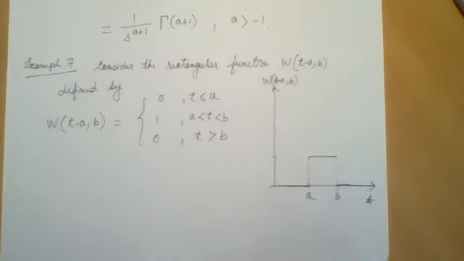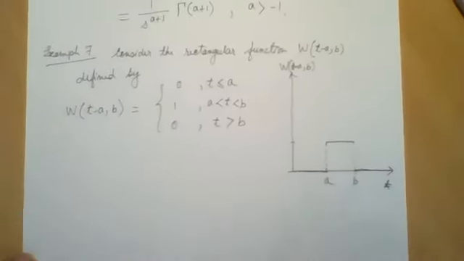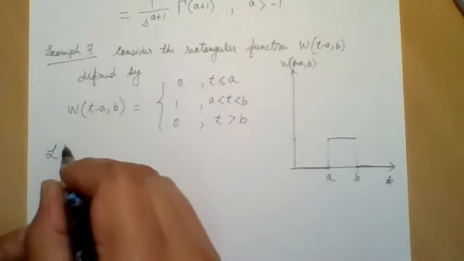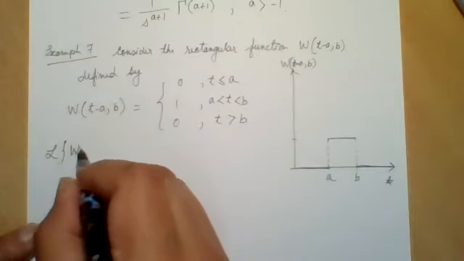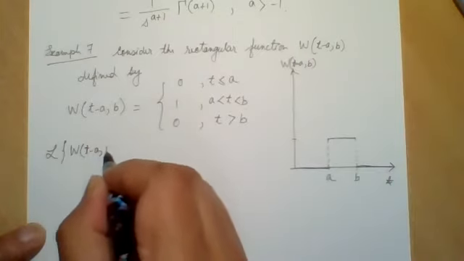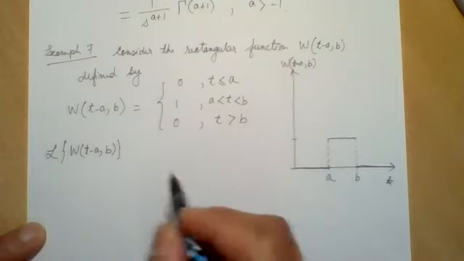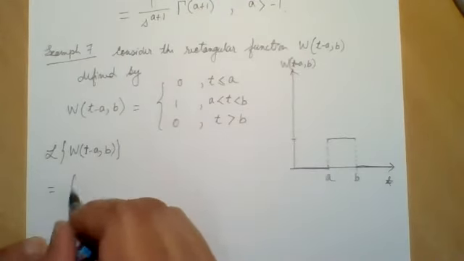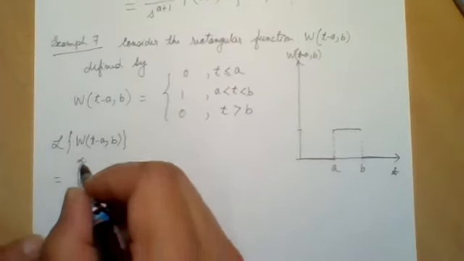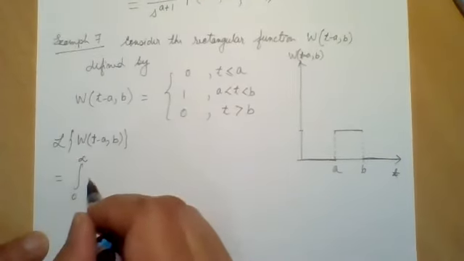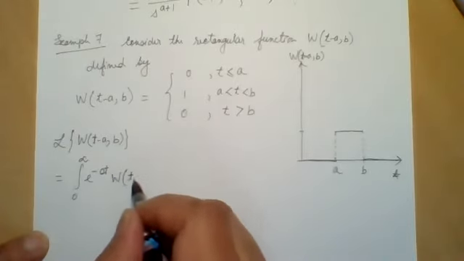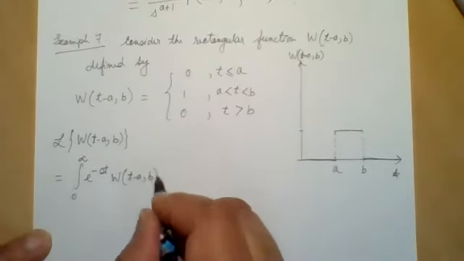Let us find out the Laplace transform of this function. So the Laplace transform of w(t − a, b) should be equal to the integration from 0 to infinity of e to the power minus st times w(t − a, b) dt.